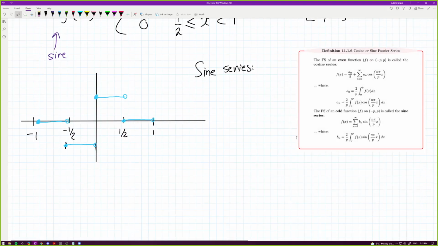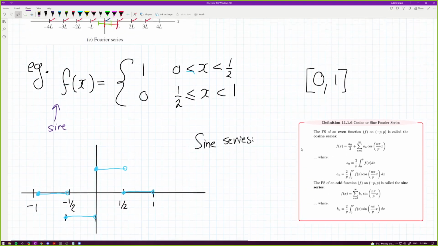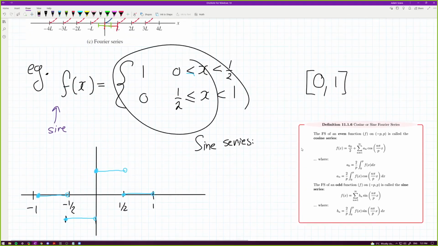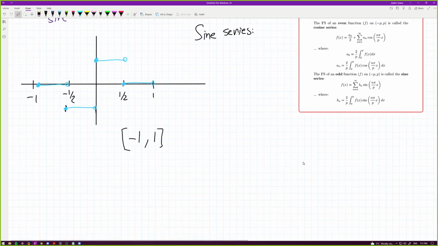Okay, let's go ahead and do it. It doesn't matter if this function is actually odd. We're claiming it's odd from negative 1 to 1, so we can just go ahead and do the sine one.